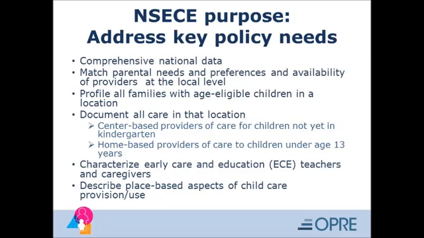And so it was very important to the agency to understand all families with age-eligible children in a particular location. Much of the data that existed was about specific programs, so children participating in Head Start, or children of working parents. And so some of the most important policy needs were to understand comprehensively the full spectrum of families or providers that were available.